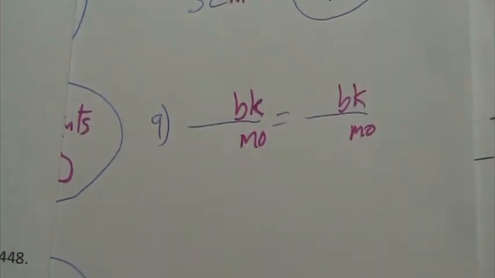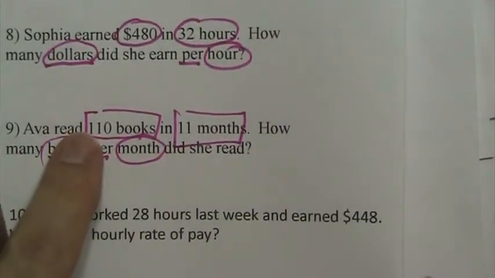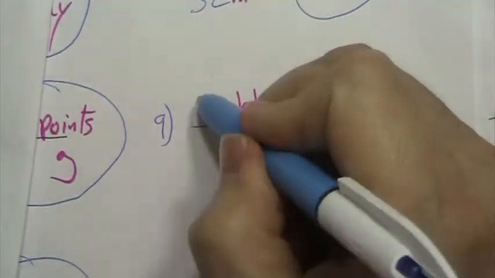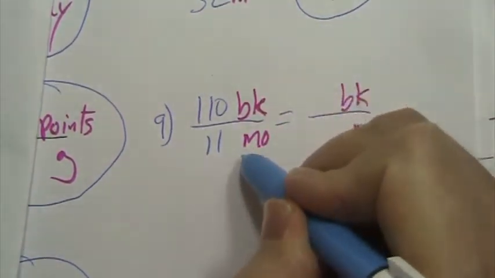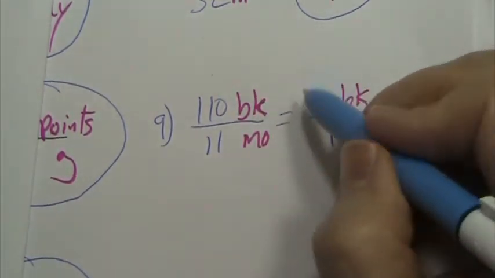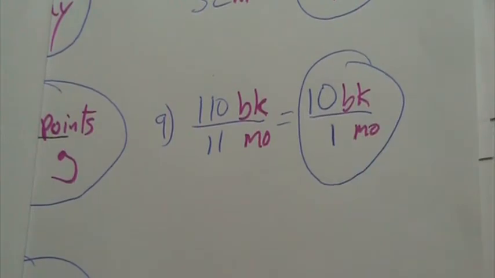You can abbreviate as much as you like. We want to know how much it is for 1 month. 11 goes in there 10 times. So the answer is 10 books per month.